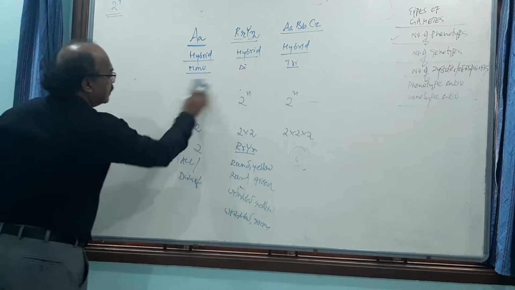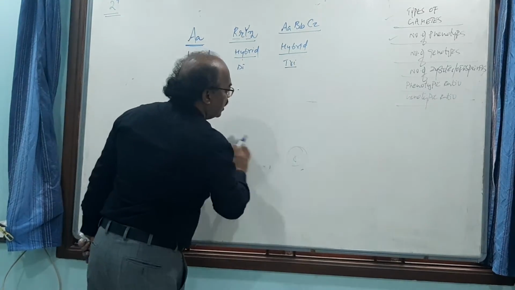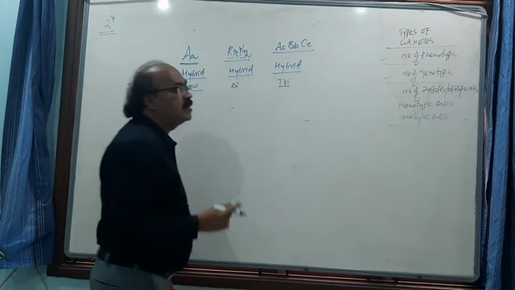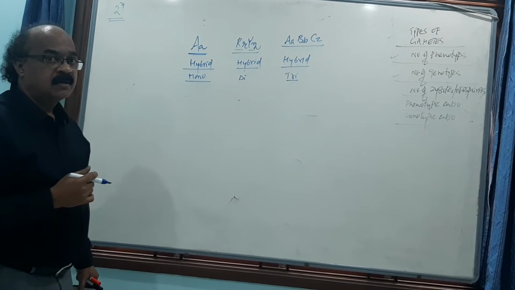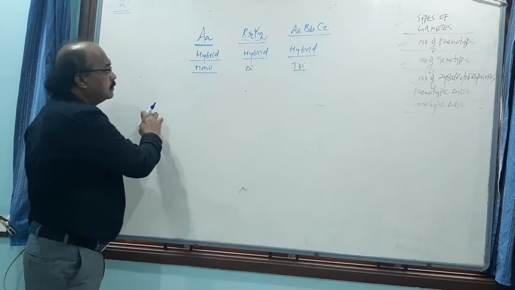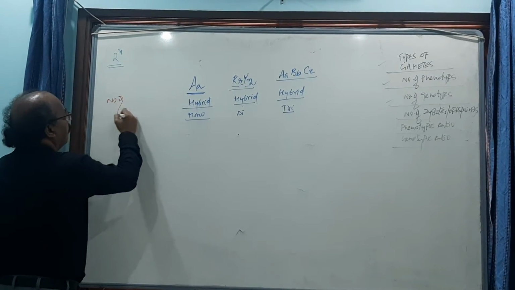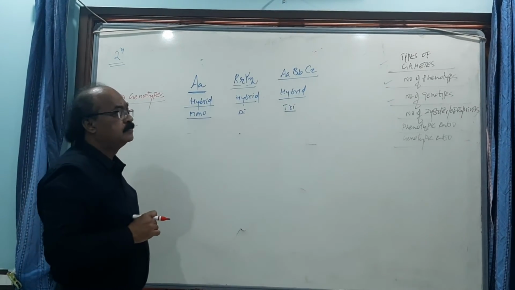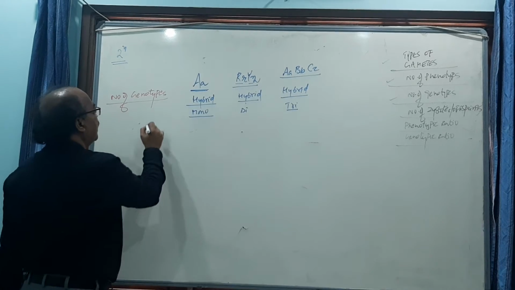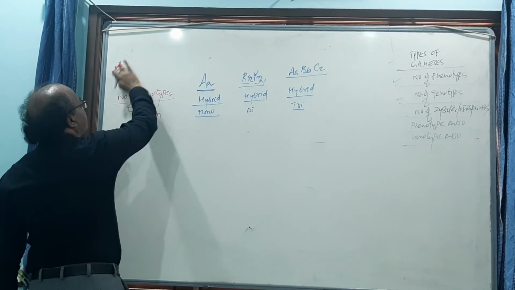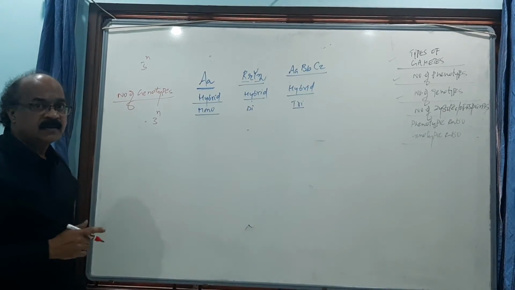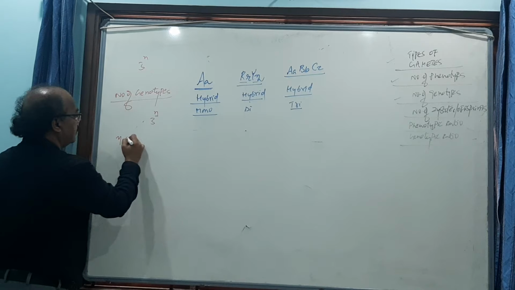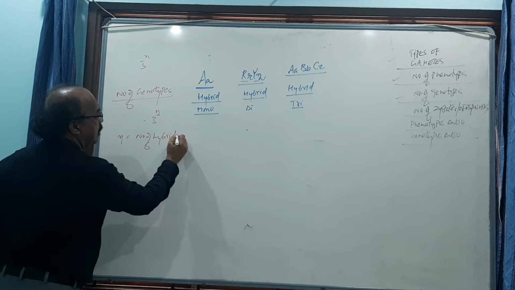Next, genotypes. In order to calculate the number of genotypes, the formula is 3 raised to n, where n is the number of hybrids.